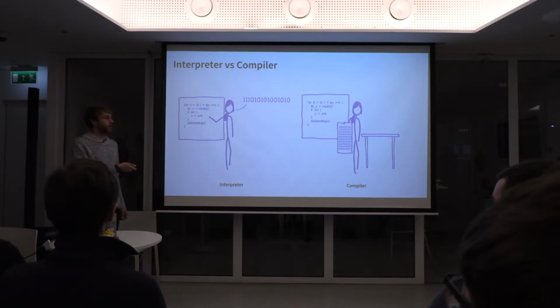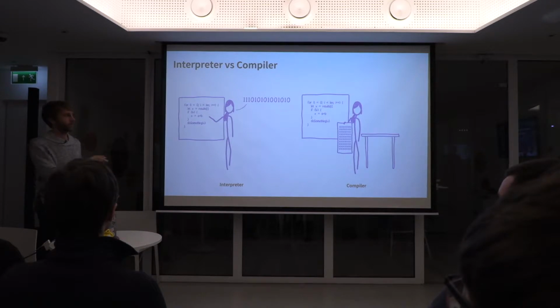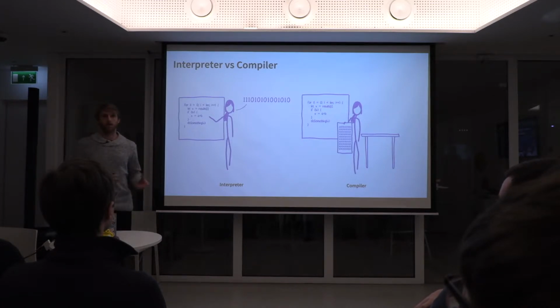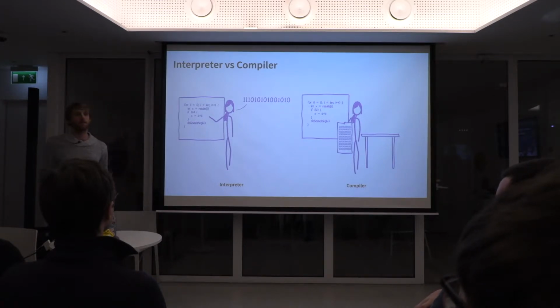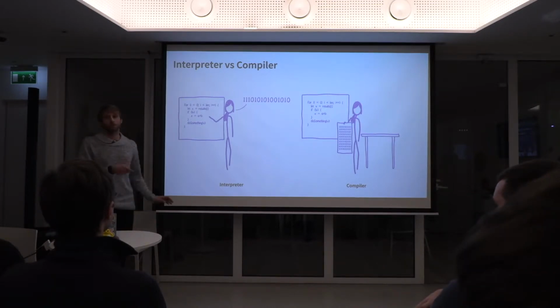On the other side, we have the compiler, and obviously these are rough examples. The compiler takes the whole code, makes a few assumptions, does optimization, and takes its time compiling it to machine code that can be run on some specific processor or architecture. It can do a lot of optimizations on the way.